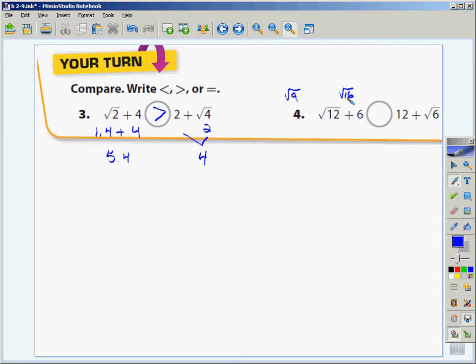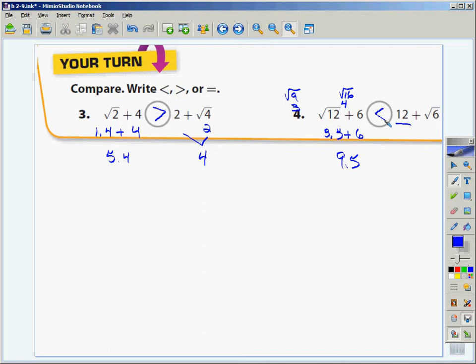So for the sake of argument, since this is between 3 and 4, let's use 3.5 plus 6. What is this going to be? Do I need to go any further? Do I need to estimate the square root of 6 on the other side? No, because this is already 12, and I know that 12 is bigger than the 9.5. But is it still okay? Understand what we're doing.